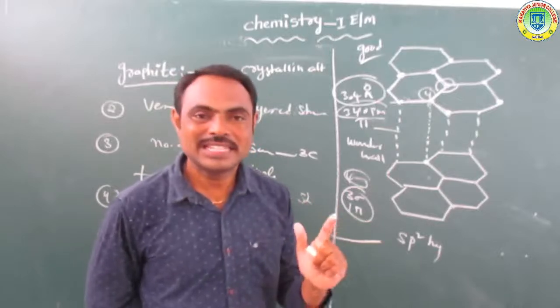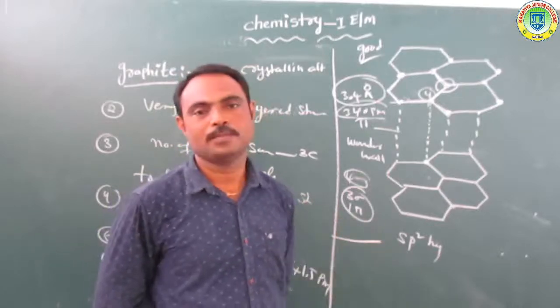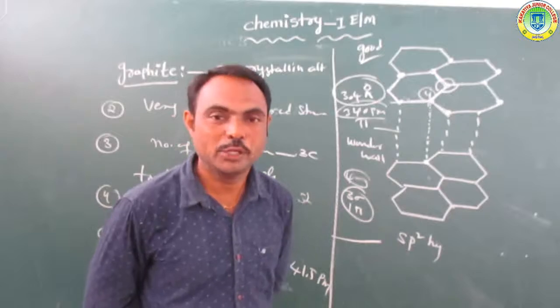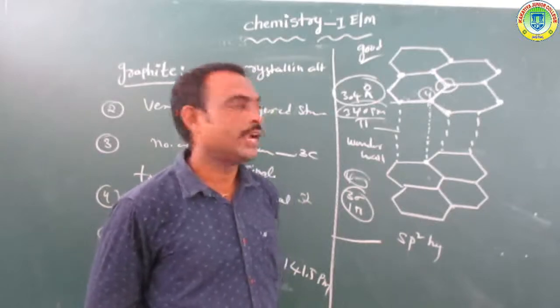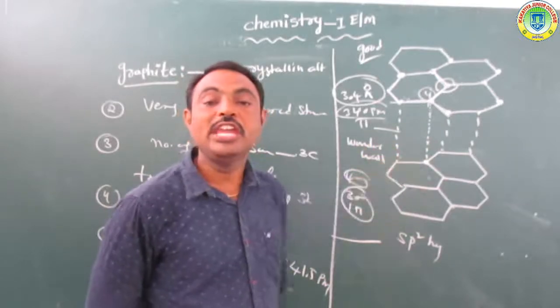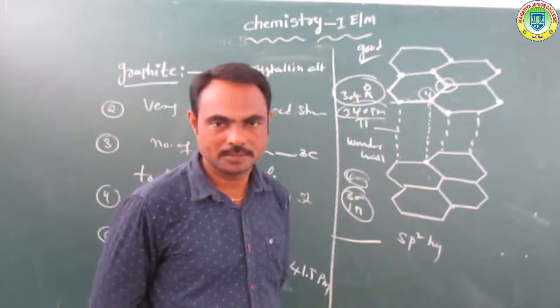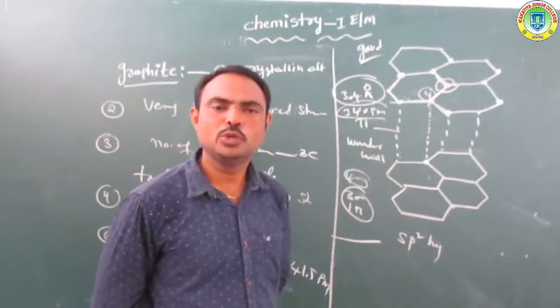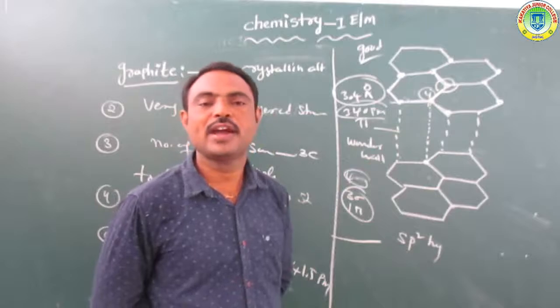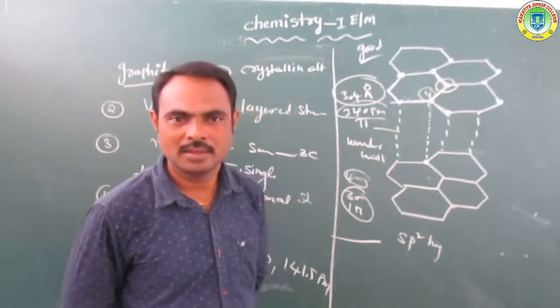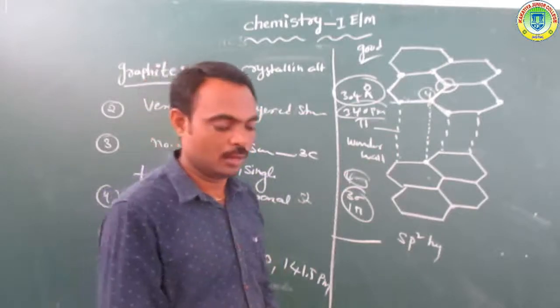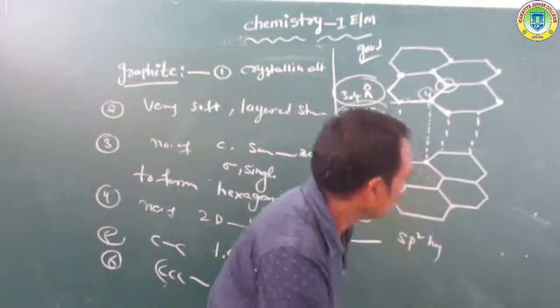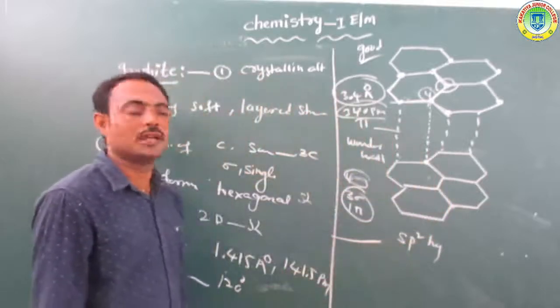One layer is layered on another layer. It has sp2 hybridization and contains weak van der Waals forces. Due to this reason, graphite acts as a lubricant.